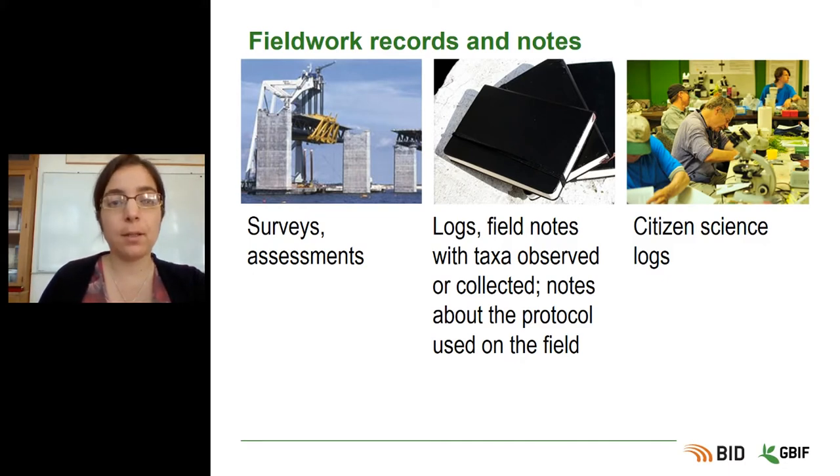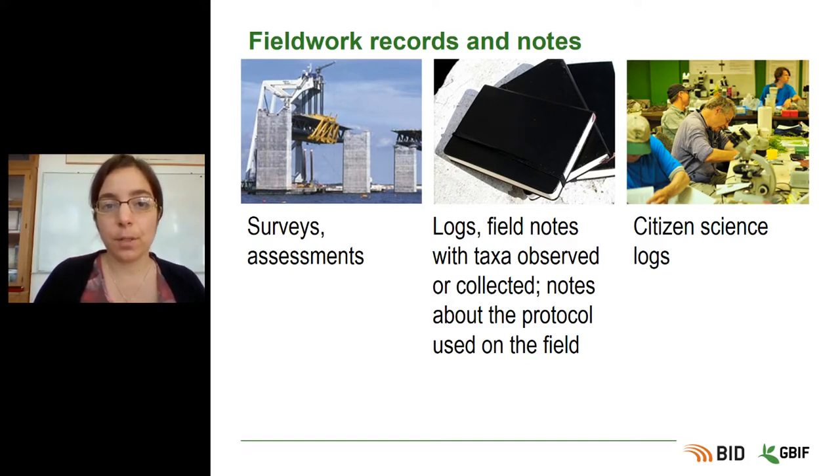So it's really useful and interesting for you to record every type of information you can think about when you're on the field, especially about the protocol or protocols used to observe or collect data, and every other information you may think about. So about the weather, about the temperature, the number of individuals you saw or collected.